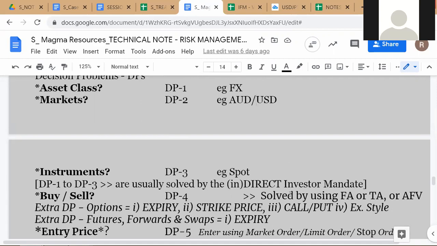Yes, you remember this word? Direct or indirect investor mandate. You've forgotten everything. Everybody has forgotten everything. Yes, let's ask Priya, what is meant by direct investor mandate?